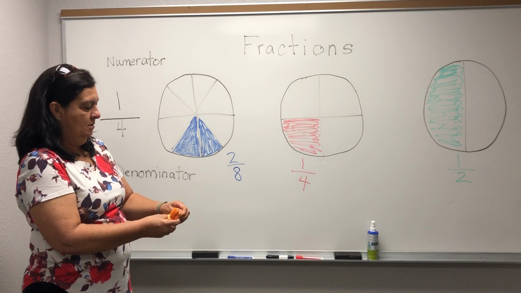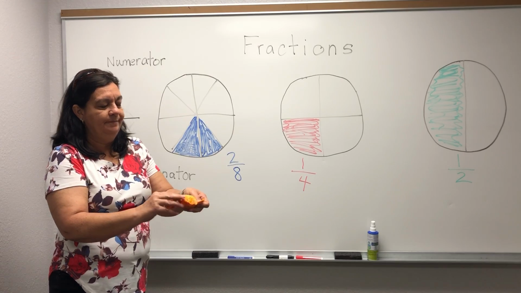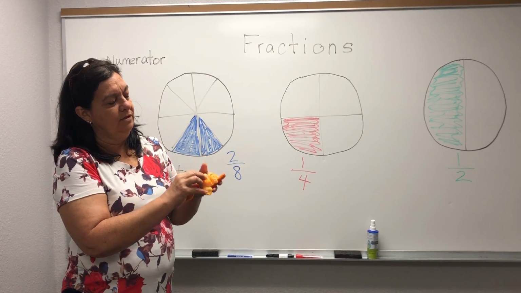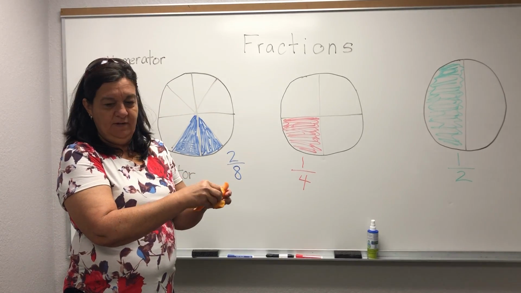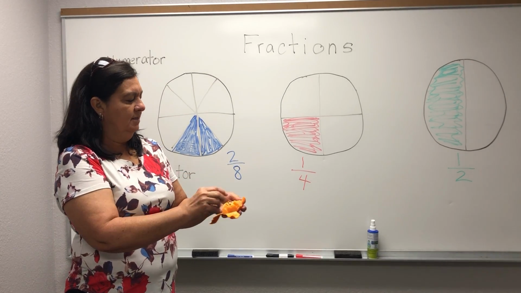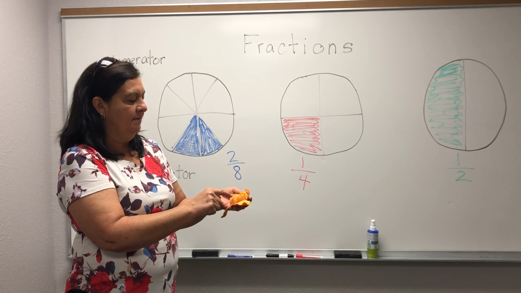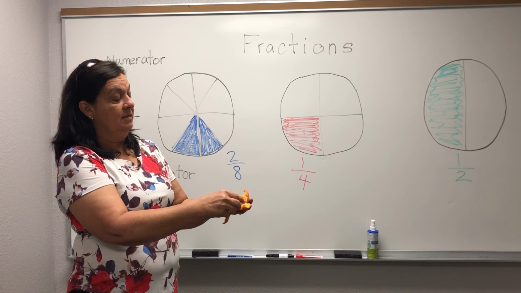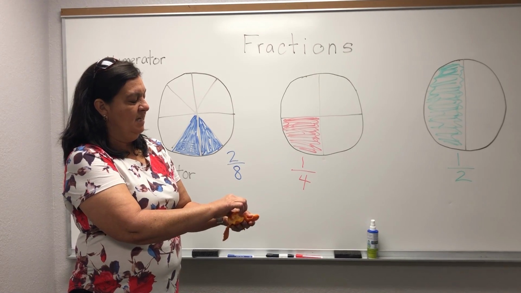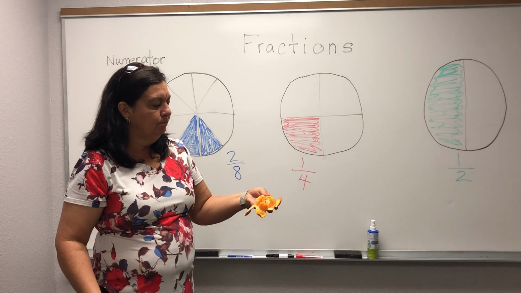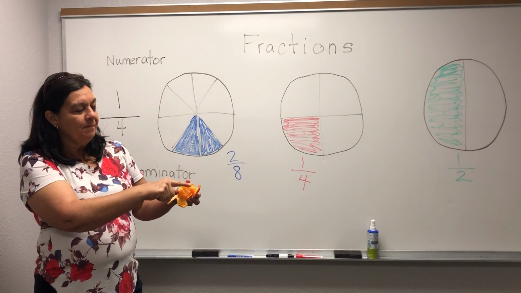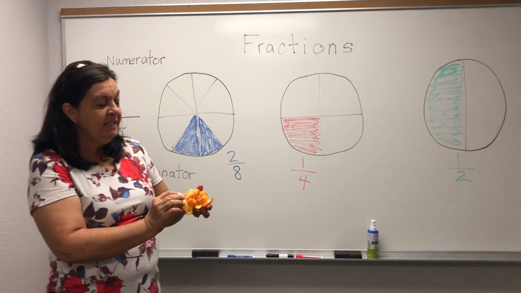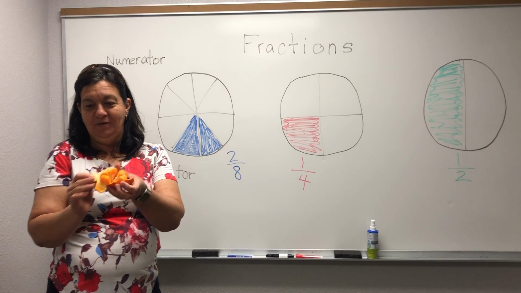Now, I don't know if you can see real well, but our tangerine is cut up into, if you divide it out, let's see, we have 1, 2, 3, 4, 5, 6, 7, 8, 9. Looks like 10 pieces. If I decide to eat one, I still had 10 pieces, but I ate one of them. So that was 1/10 of our tangerine.